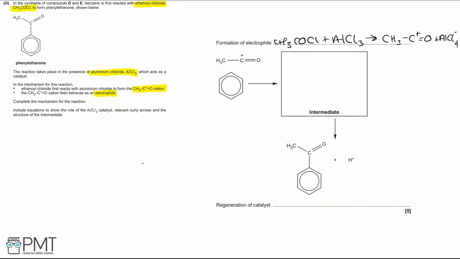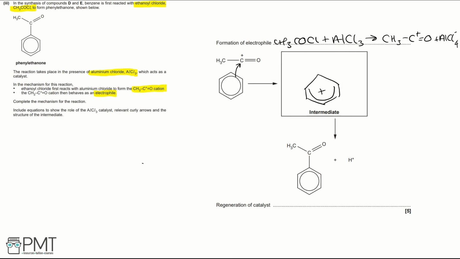This mechanism is electrophilic substitution. So with electrophilic substitution, we would have a curly arrow from our pi ring to our electrophile with the positive charge, so in this case our C+. Then we would form an intermediate with a positive charge. The positive charge would be in our benzene ring, so we draw this a bit like a smiley face.